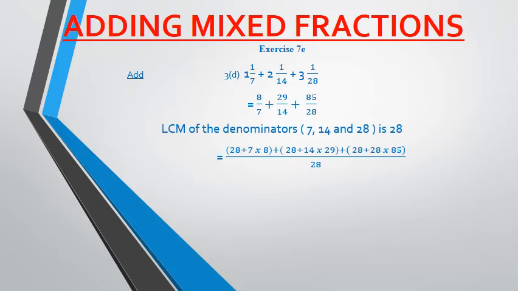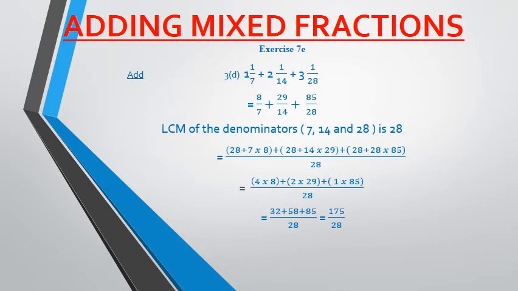And when we solve this, what do we get? We get 4 multiplied by 8 plus 2 multiplied by 29 plus 1 multiplied by 85 by 28, which in turn is equal to 32 plus 58 plus 85 upon 28, which is equal to 175 upon 28.